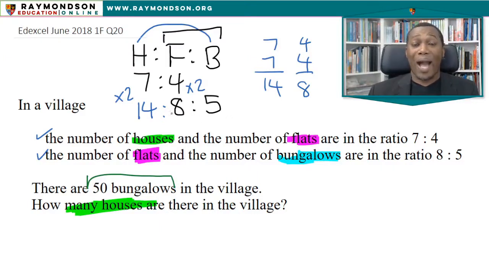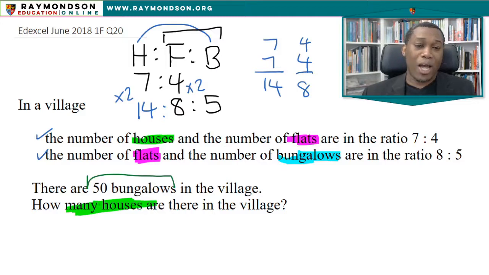That's the ratio for houses to flats to bungalows. 14 houses, you must build 8 flats, you must build 5 bungalows. We've made what was 2 ratios now 1 ratio. That's what we've done there. We've combined the ratios by using an equivalent ratio for the first one. 7 to 4 is 14 to 8.